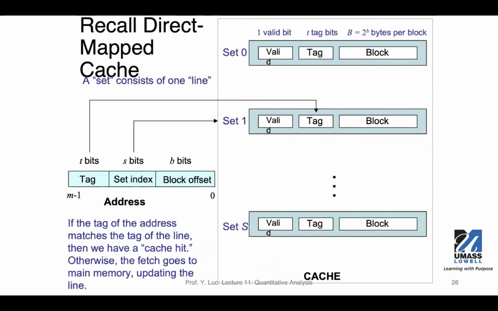If you recall, for the cache, we use an address to access the cache. We have the lowest B bits used to access the bytes in the block. So this is the cache we have, and in each set we have a block.